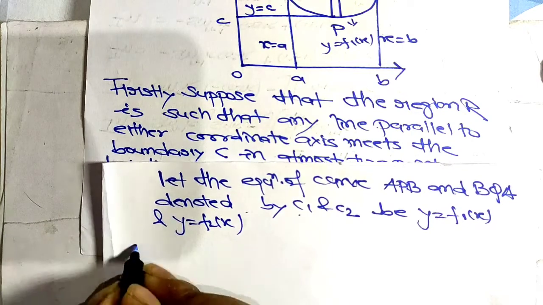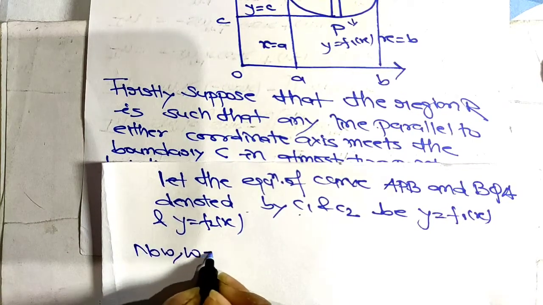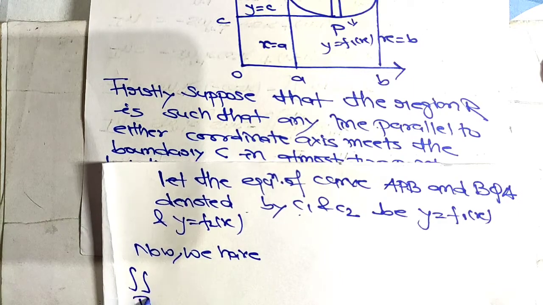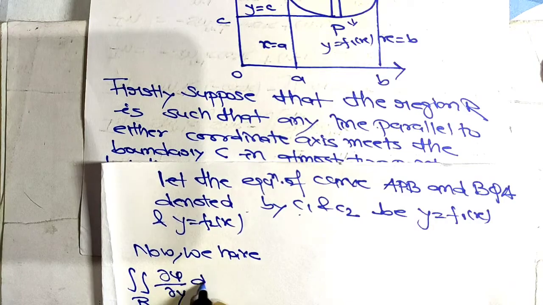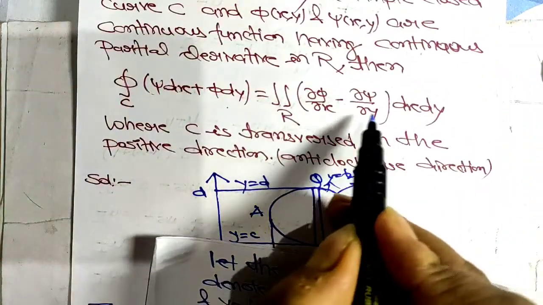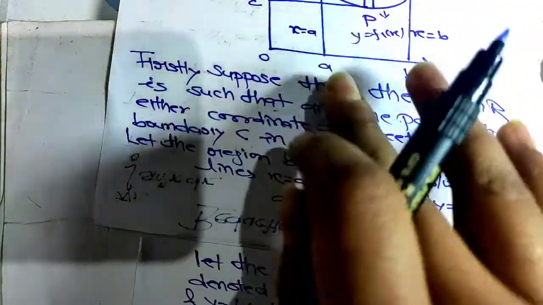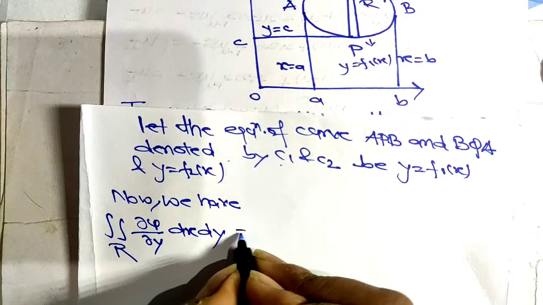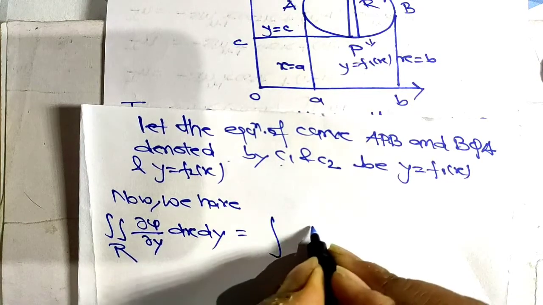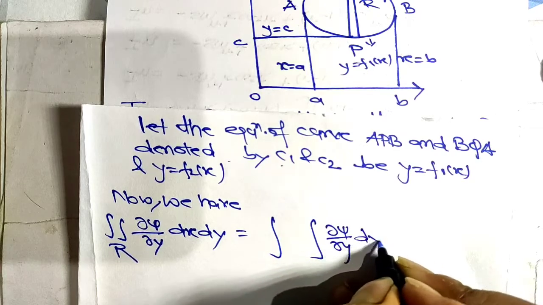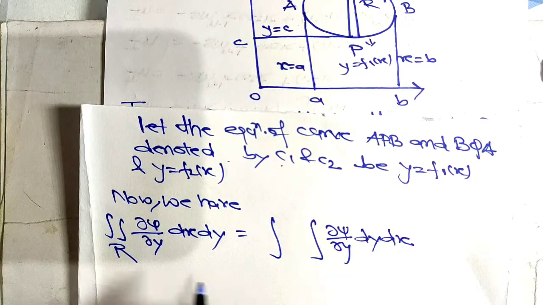After that, firstly we are going to find the surface integral of del psi upon del y dx dy. It is already here. Now, the double integral of del psi upon del y dy dx.